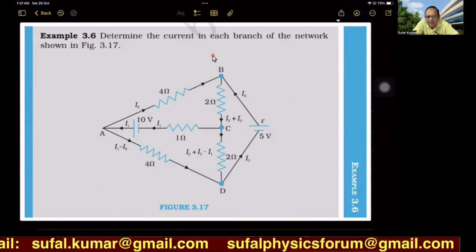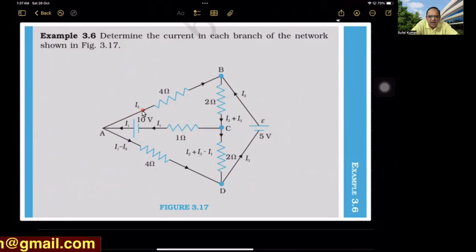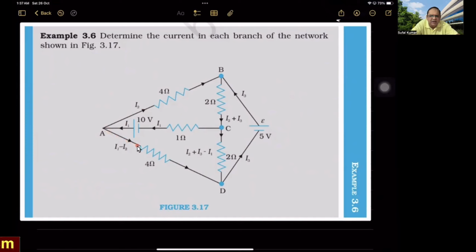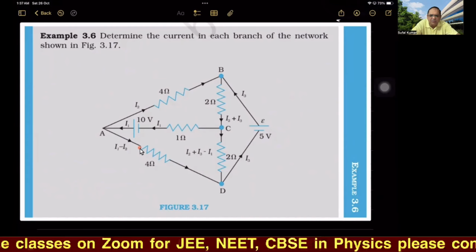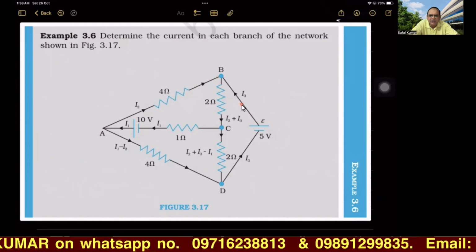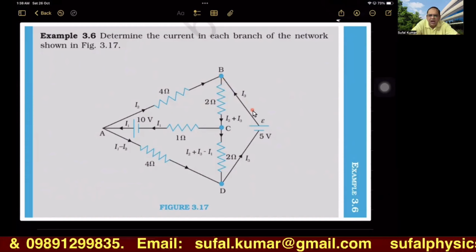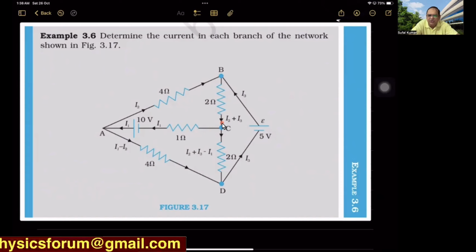This is I1, this is I2, and this is I1 minus I2. That means junction rule: incoming current is equal to outgoing current. Here it is not appearing proper to use the junction rule because currents are directly shown, I2 plus I3. Again, junction rule is already applied while assuming currents, so no need to apply it again.